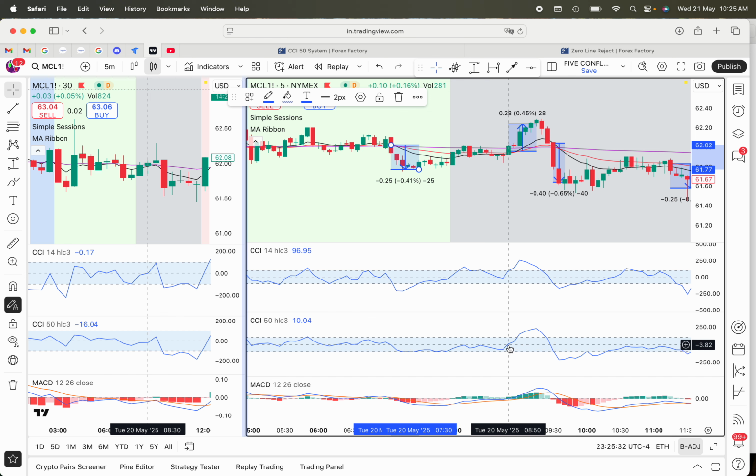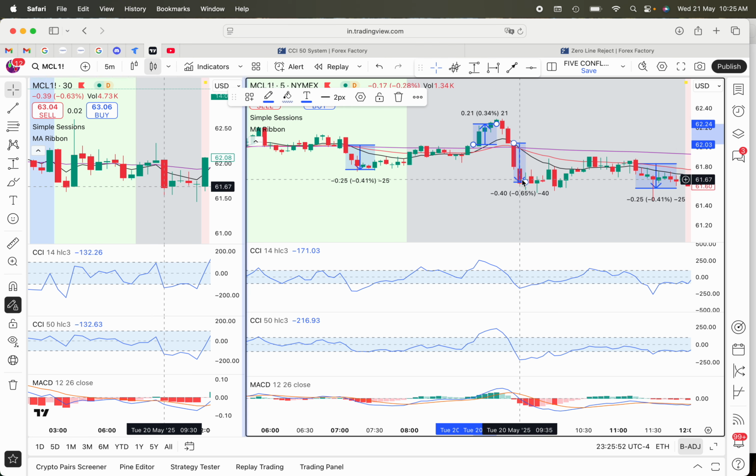Anyway, we get to this point here, price bounces back down, the MACD's pushed down, the 50 starts to turn up, the 14 CCI goes above the 100, that's a fantastic sign. And now you start looking for an entry, which would be there.